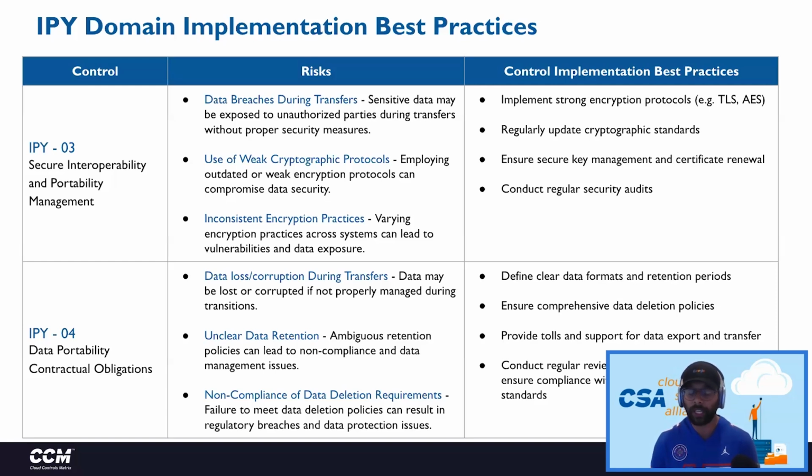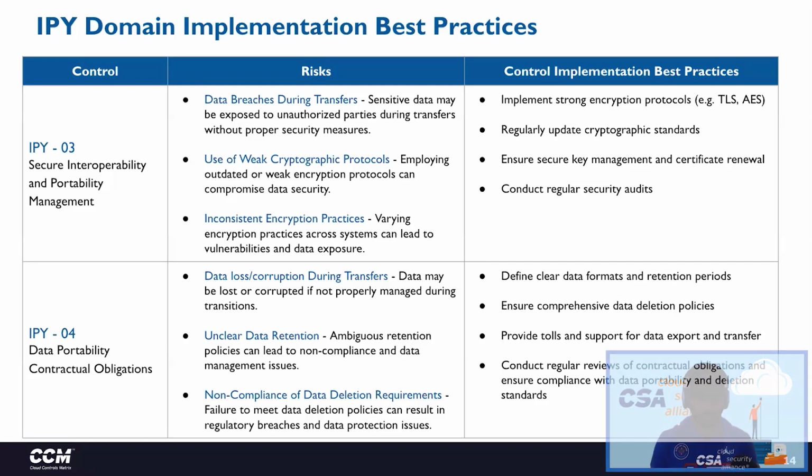Some of the control implementation best practices for these risks are implementing strong encryption protocols, regularly updating your cryptographic standards, ensuring secure key management and certificate renewal, and conducting regular security audits for your cryptographic program.